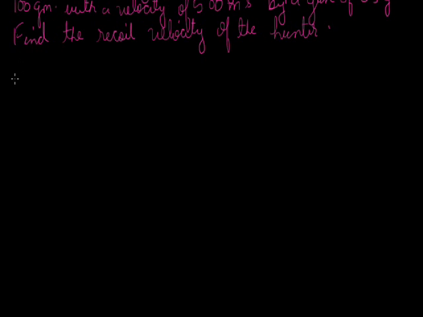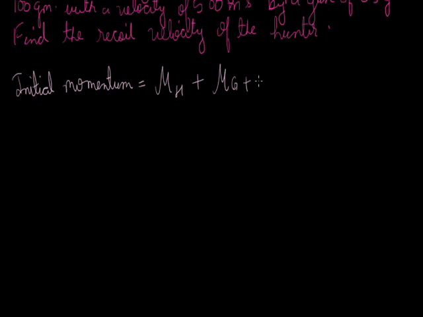Now talking about its initial momentum. Its initial momentum will be momentum of hunter, let it be mh, plus momentum of gun, let it be mg, plus momentum of bullet, let it be mb.